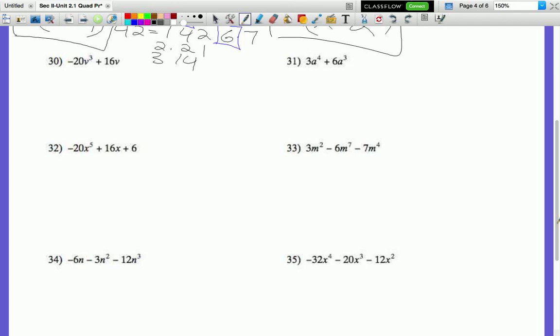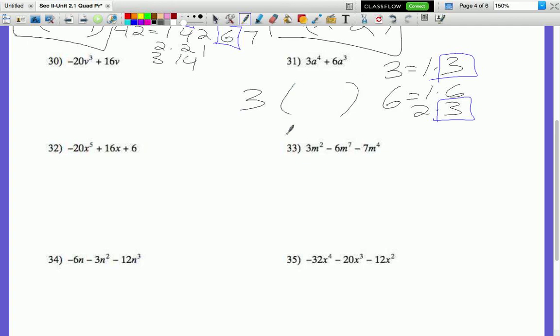If you can't see it right off the bat, write out what times what equals 3. 3 equals 1 times 3, and what times what equals 6. We have 1 times 6 and 2 times 3. You see right here that 3 and 3 are in common. So that's the start of what's going to go out in front of our parentheses.